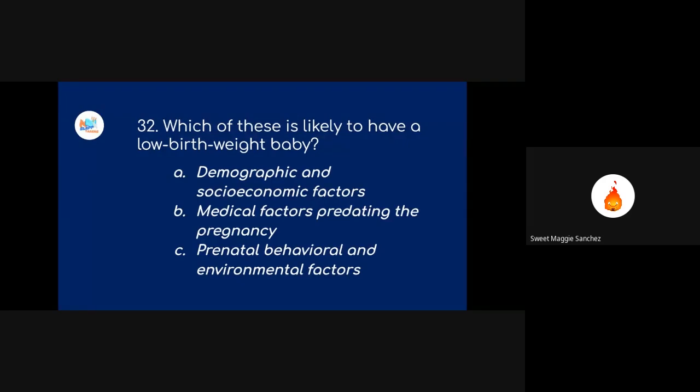And letter C, prenatal, behavioral, and environmental factors. So, prenatal behavioral, before pa siya napanganak, meron ng behavioral environmental factors, just like depression, no? Mental health, no?